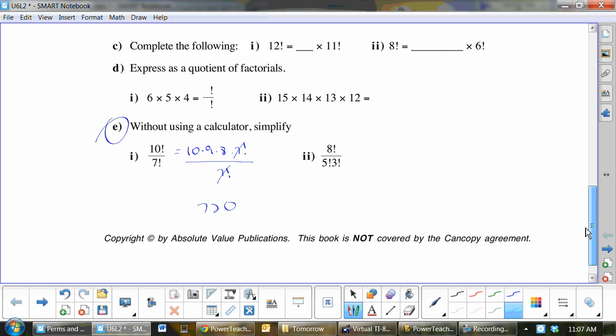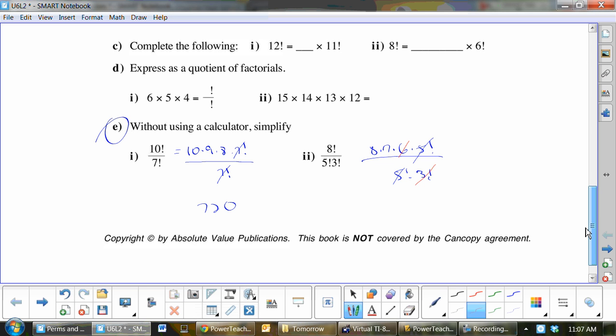Okay, what about the next one? I've got 8 factorial over 5 factorial times 3 factorial. Any takers? Yep. Okay, so 3 factorial is 3 times 2 times 1. So do you see that these two cancel?